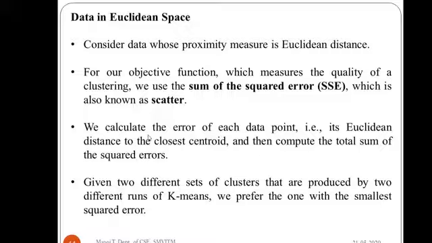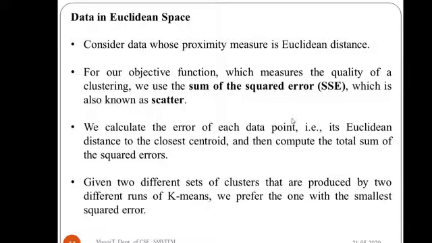Consider data whose proximity measure is Euclidean distance. For our objective function, we minimize the sum of squared error, which measures the quality of a clustering. It is also known as the scatter, how much it is dissimilar from that point. If we minimize that, the points will be more similar to the centroid.